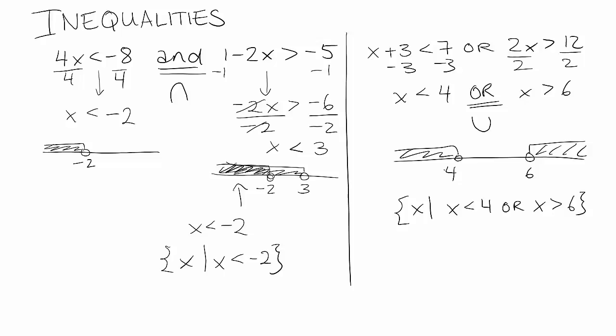If you wanted to write that in interval notation, you could write this as negative infinity to 4, open bracket, union 6 to infinity. Likewise, this one over here could have also been negative infinity to negative 2, open bracket. Remember, it's a square bracket if it includes the point.